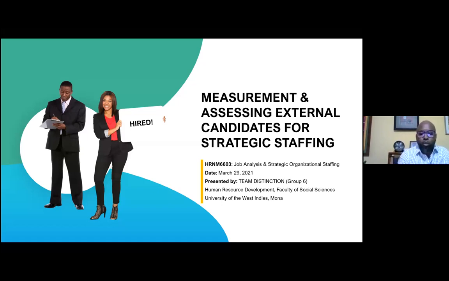Now, over the past few weeks, you would have been introduced to several other topics related to staffing and the hiring process. For the first week, Group 1 presented on business and staffing strategies. They spoke about the resource-based view, the firm's business strategy, and talent philosophy, including whether an organization sees an employee as a cost or as an investment.